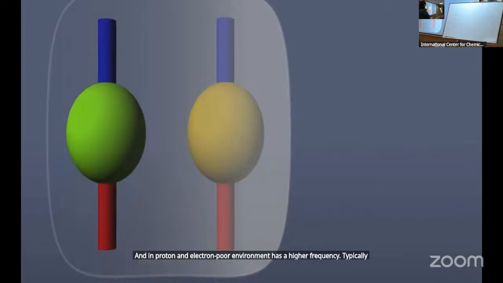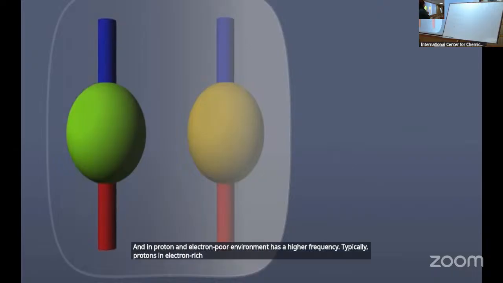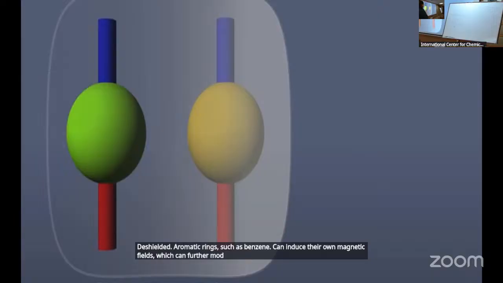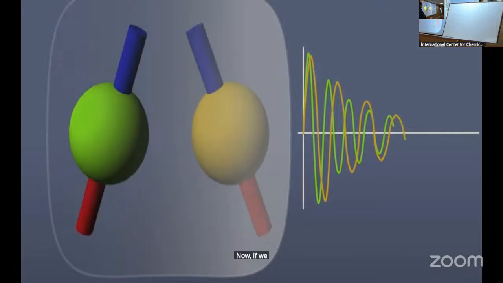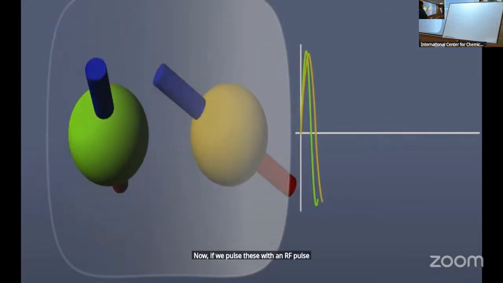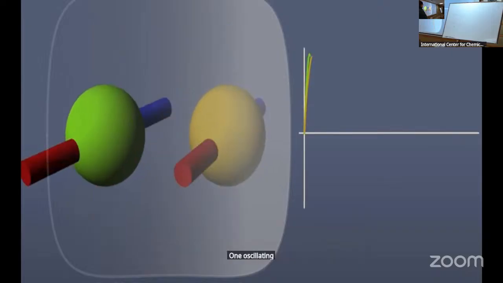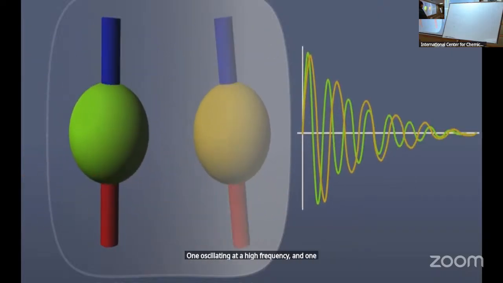Typically, protons in an electron-rich environment are referred to as shielded, and those in an electron-poor environment are referred to as deshielded. Aromatic rings, such as benzene, can induce their own magnetic fields, which can further modify the magnetic field around the proton. Now, if we pulse these with an RF pulse, we will get two signals in our FID, one oscillating at a high frequency and one oscillating at a low frequency.